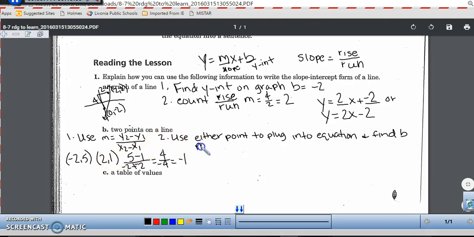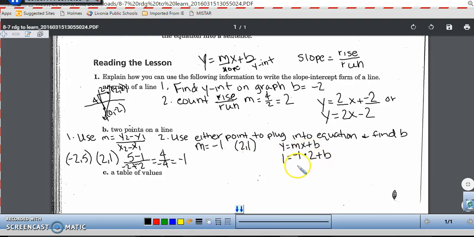So now that you have your m, it's negative 1, I'm going to use 2, 1, solely because there's no negatives in it. And I'm going to plug in everything I can into this equation, and solve for b. So my y is 1, my m is negative 1, times an x of 2 plus b.